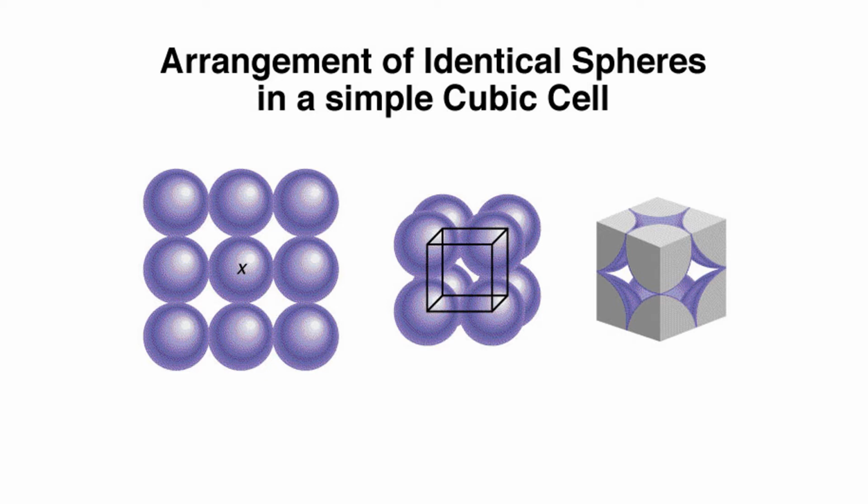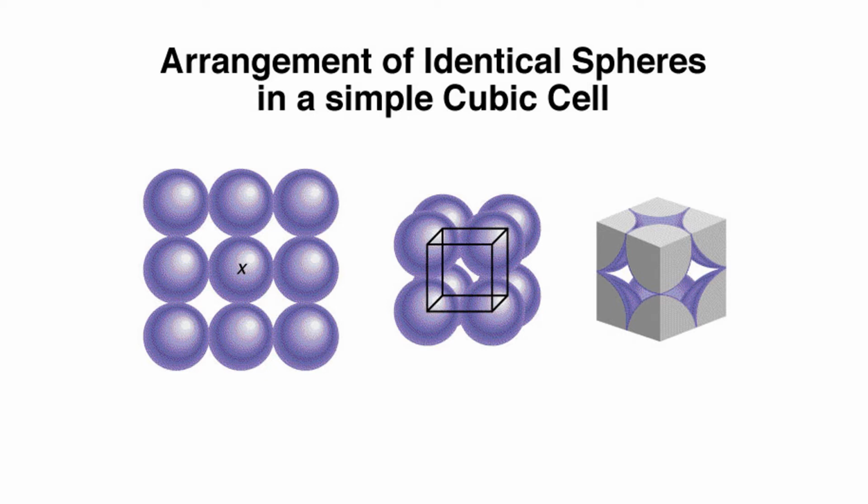So we can calculate how many atoms, ions, or molecules are within a unit cell, and we do so by multiplying the number of atoms, and I'm going to just refer to these as atoms now, although they could be molecules or ions as well.